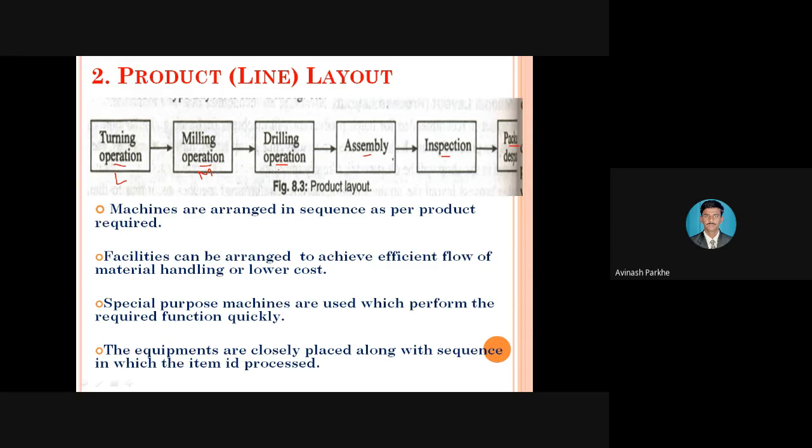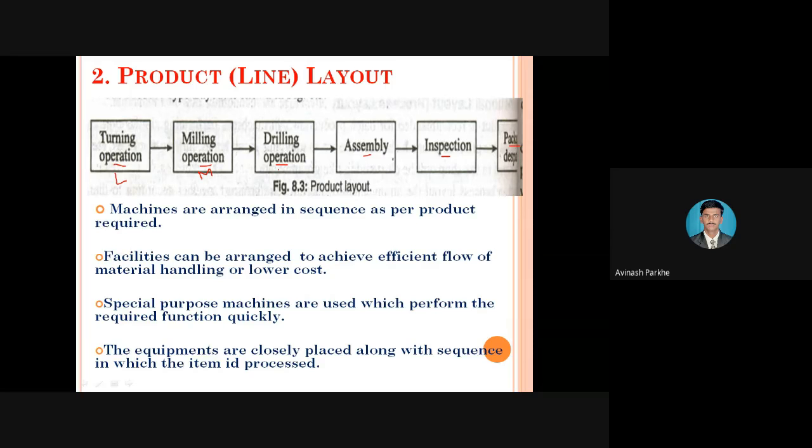But in case of a product layout, such material handling equipment is not required, because once the operations are performed on machine number 1, automatically through the belt drive or the chain drive, that product or the raw material can be moved in the forward direction. Once the operations are performed on the second machine, automatically it will be moved to the next machine. Like that, your product will be manufactured. Therefore, the cost required for material handling is very less as compared to the process layout.